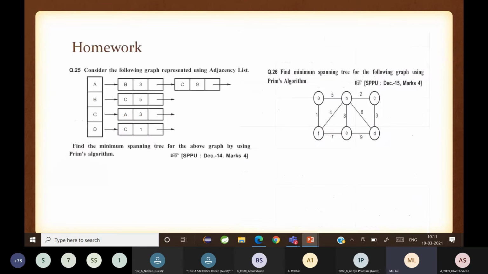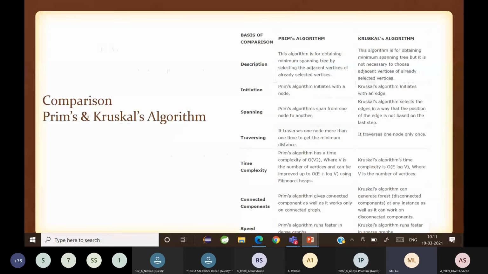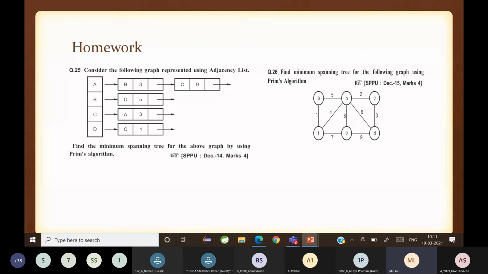So I've given a set of questions to do, as per your university question paper. The first two questions are for Prim's algorithm. The first question says: consider the following graph represented using an adjacency list.